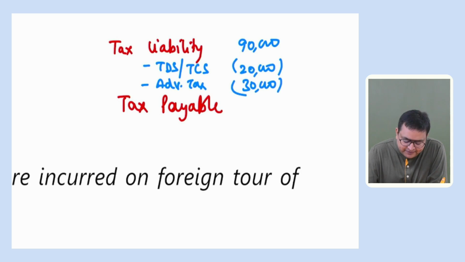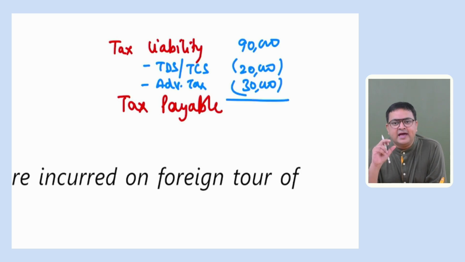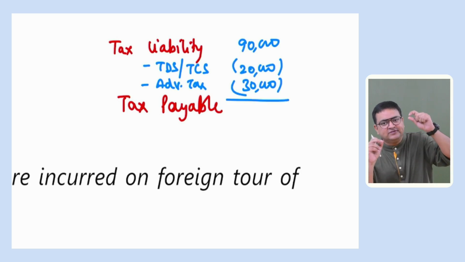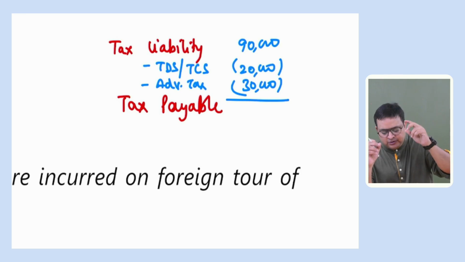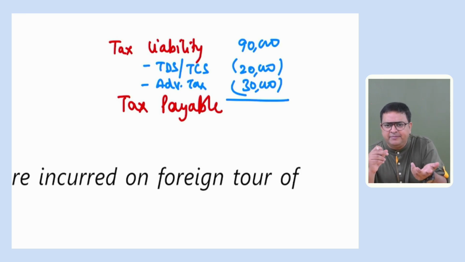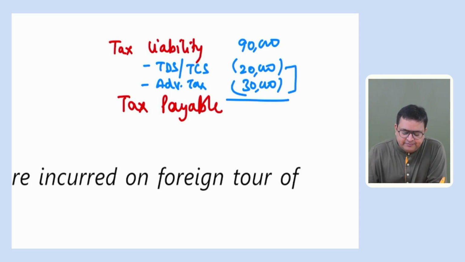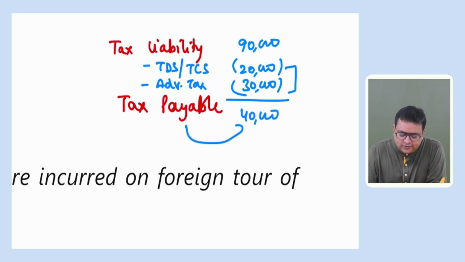So although your liability was 90,000, you have already paid 20 and 30. So 50,000 you have already paid to the government. So you have to pay the remaining 40,000. This is known as tax payable.